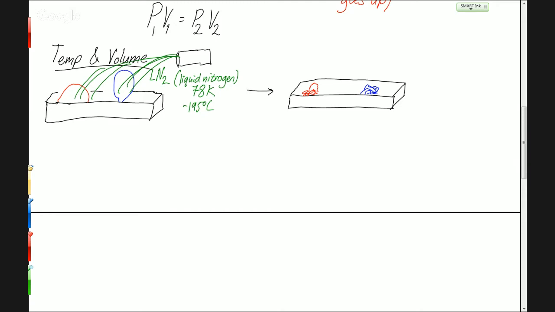So the cooling of the air inside the balloons caused the volume to shrink. And this is known as Charles' law.